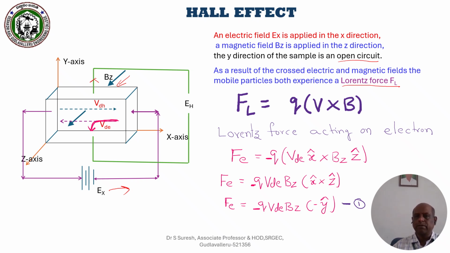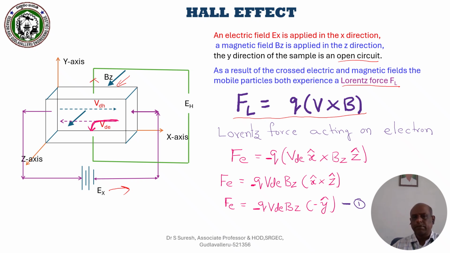The expression for Lorentz force FL is equivalent to qE plus qV cross B, where E is the electric field and B is the magnetic field. Here it can be written as FL is equal to q into V cross B. Now let us write this Lorentz force acting on an electron. Lorentz force acting on an electron is equal to the charge of electron, minus q, into the velocity of electrons VDE along the x cap direction, and the magnetic field is along the z cap direction. So F is equal to q VDE Bz, x cap cross z cap.